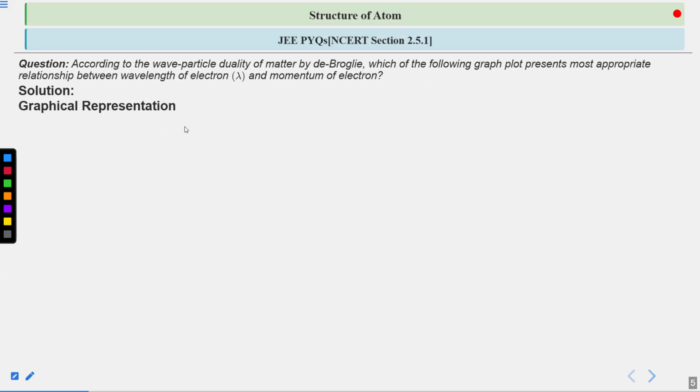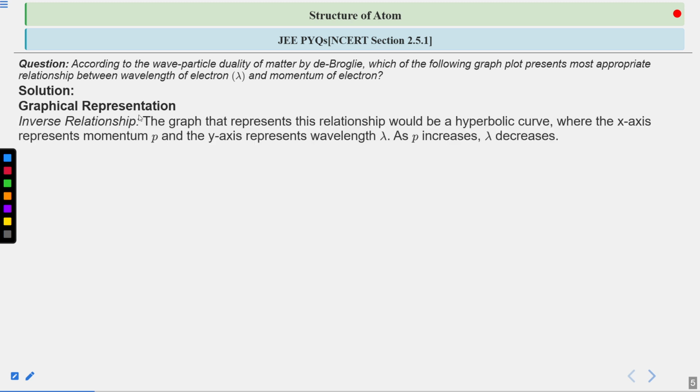So how can you graphically represent that p and lambda, the momentum and the wavelength, are inversely related? An inverse relationship means the graph that represents it would be a hyperbolic curve, showing the inverse relationship between the variables on the y-axis and the x-axis.